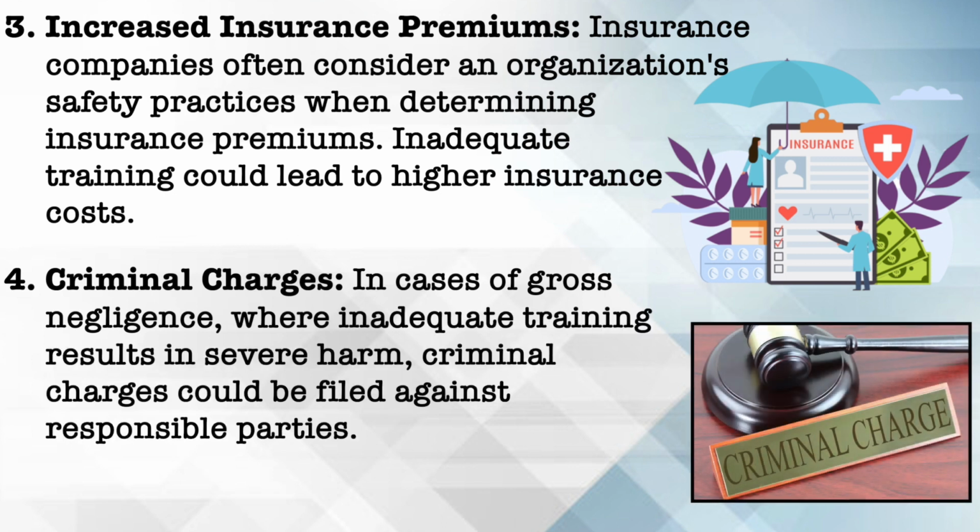In case of gross negligence where inadequate training results in severe harm, criminal charges could be filed against the responsible parties. Ensuring that employees receive proper safety education and training is not only a legal requirement but also a responsible and ethical practice that protects both employees and the organizations.